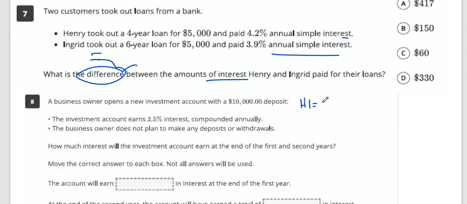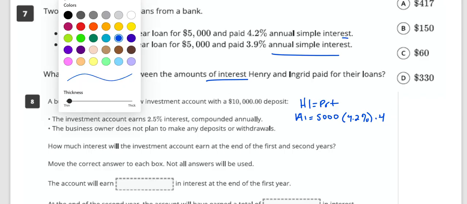We're going to go with I equals PRT. Henry's interest is equal to 5,000 times 4.2% times how many years? 4 years. And when I have the calculator, I'm going to do both of them at the same time.